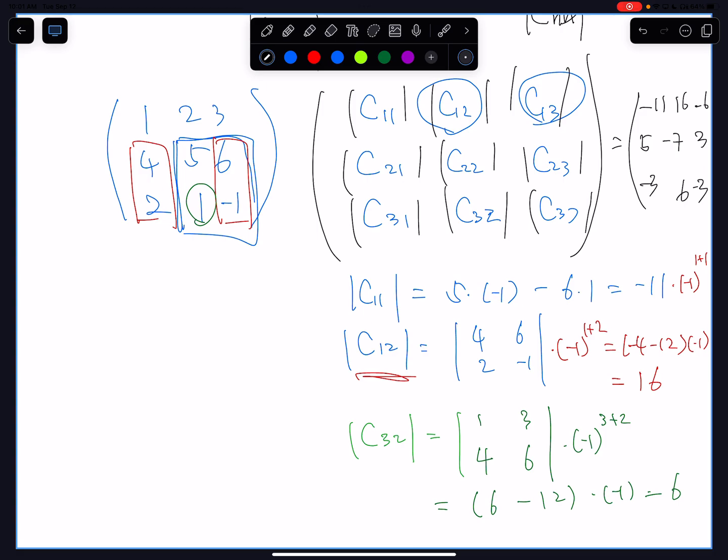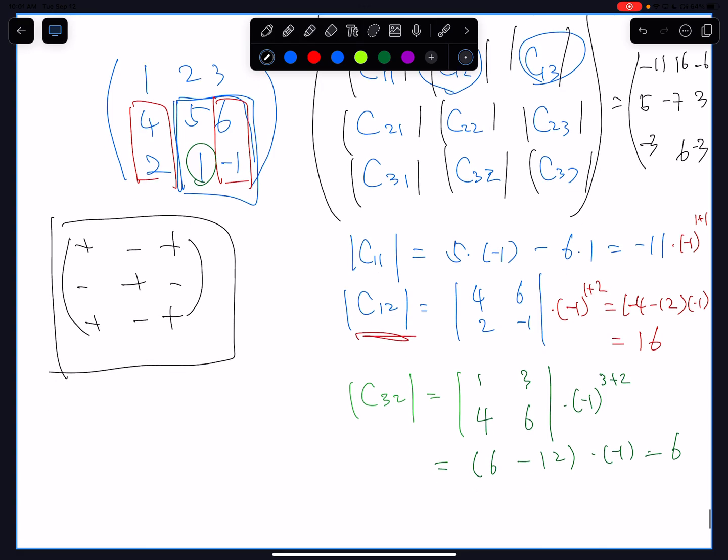So the entry is 5 minus 8, that's minus 3, right? And minus 1 to the power 3 plus 1 is 1, so it should be minus 3. If you like, you can think of this table: plus, minus, plus, minus, plus, minus. If you understood this table, then you understood what's going on.